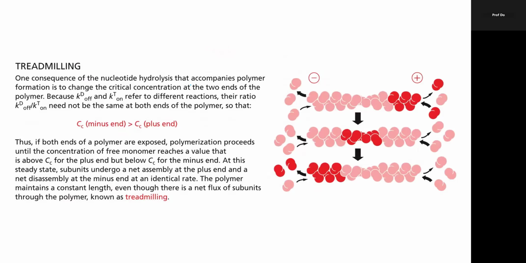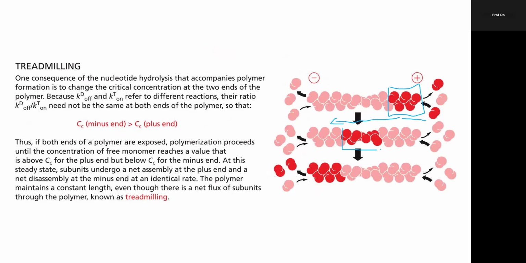And so the question is, when do we have a treadmilling state? Again, same idea. You're adding and removing at the exact same rate. Now, in this image right here, we're going to see that we're adding subunits and removing subunits at the same rate on the positive end. But again, as we keep doing this, we're adding newer and newer subunits on the other end, and this old subunit here is going to shift downwards through the chain.